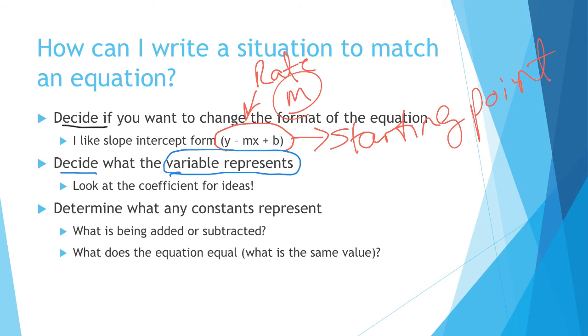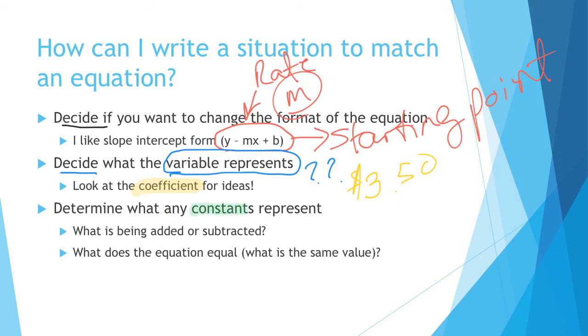If we're given an equation, we have a variable, we have to decide what the variable represents. So we are going to look at the coefficient, the number multiplying our variable, for some ideas. What does that coefficient bring to mind? Do you think 3.50 is the price of something? Finally, we have to determine what any constants represent.